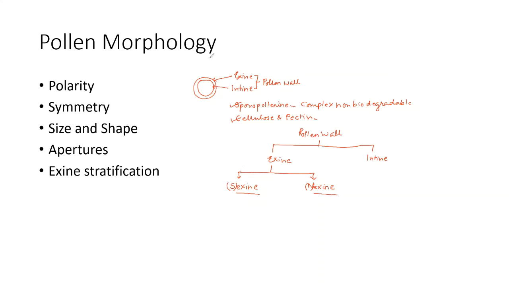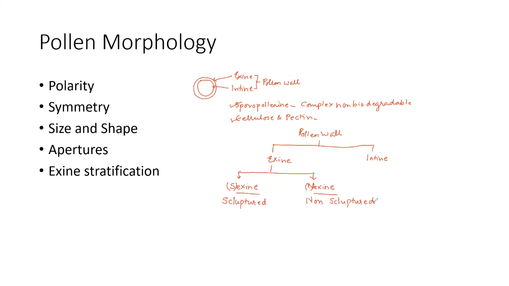So here S actually stands for sculptured, and nexine stands for non-sculptured. That is how they are different from each other.